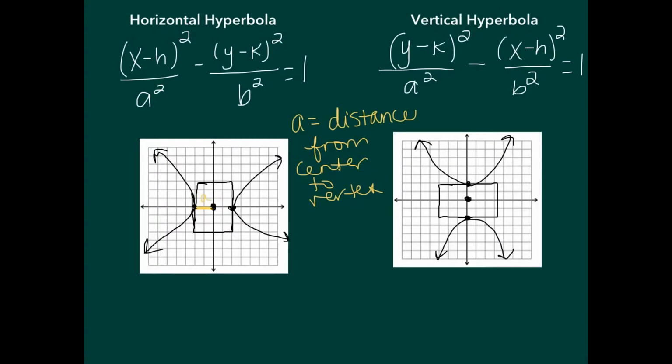So that's your a. And if it's vertical, there's your center to your vertex. That's a. Now your b is going to be from the center out this way. That's your b. Same thing here.